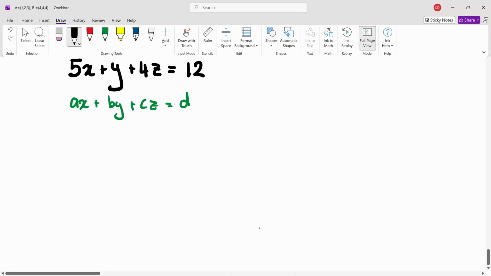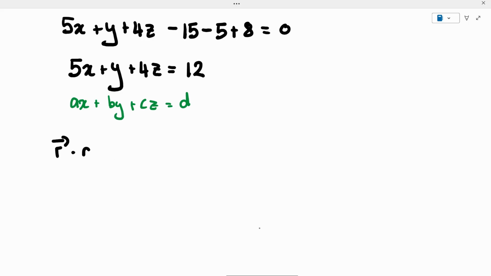And then the last one, the vector equation. Well, the vector equation is just r dot n equals d. So what was r?